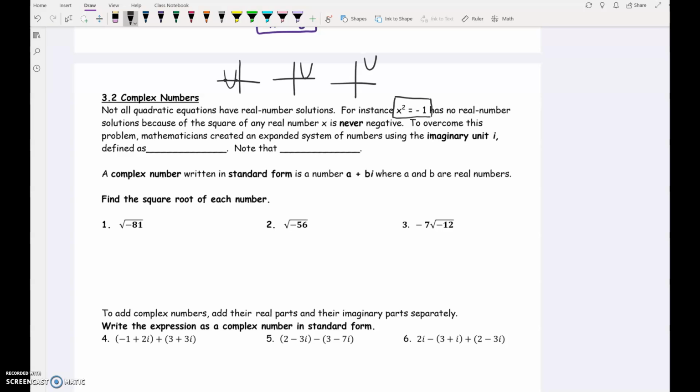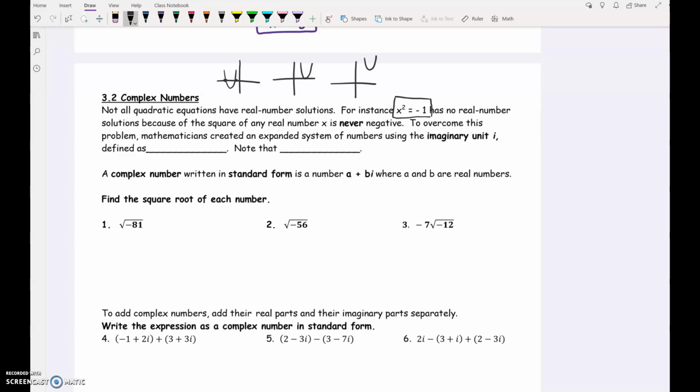There isn't an actual real number that you can multiply times itself to give you -1, because a positive times a positive is a positive, a negative times a negative is a positive. So to multiply a number times itself and end up with a negative is not possible using the real number system. But in math, there are times when we need to be able to take the square root of negative numbers, so they came up with imaginary numbers.